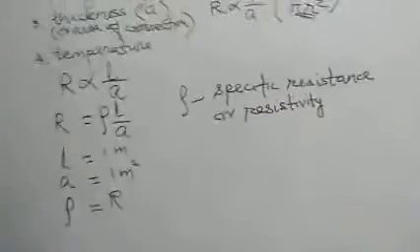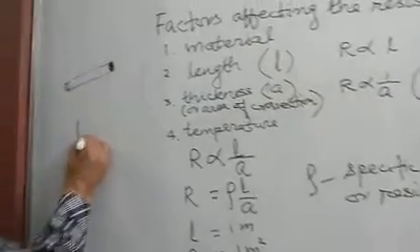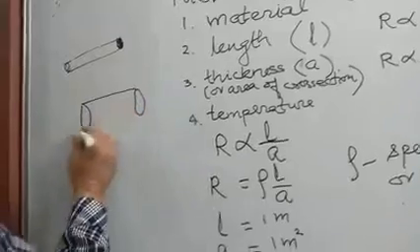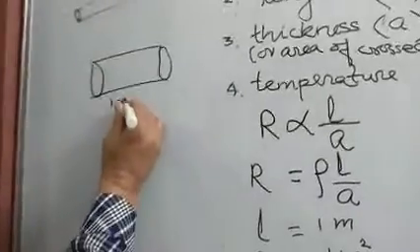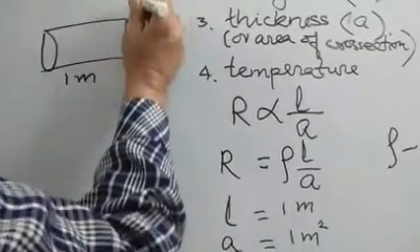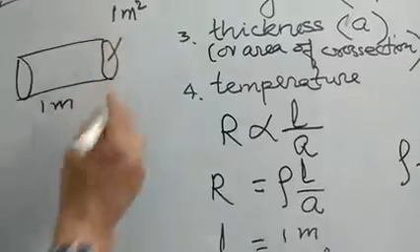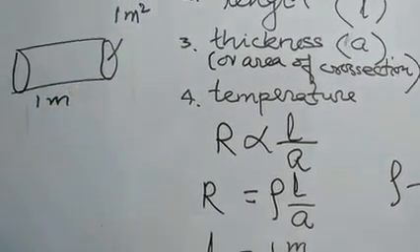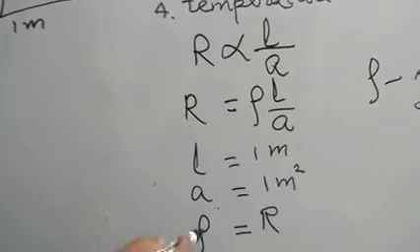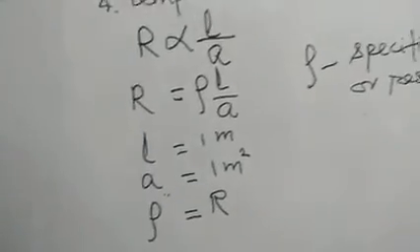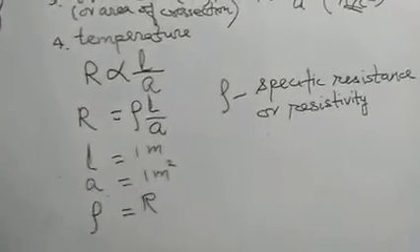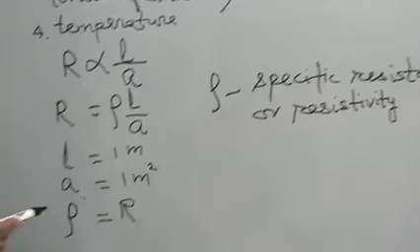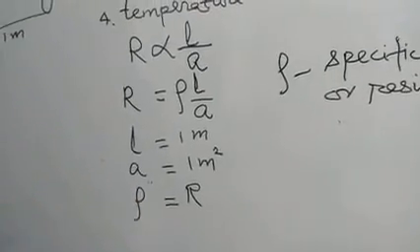A wire having a length of 1 meter and area of cross section 1 meter square. The resistance of this particular piece of wire is called the specific resistance, and obviously it will have the same unit as R, that is ohm.